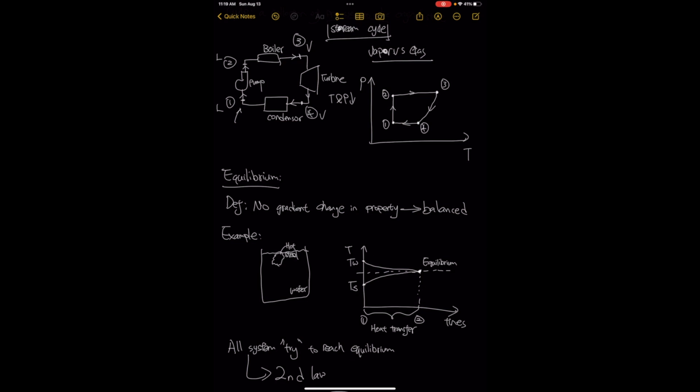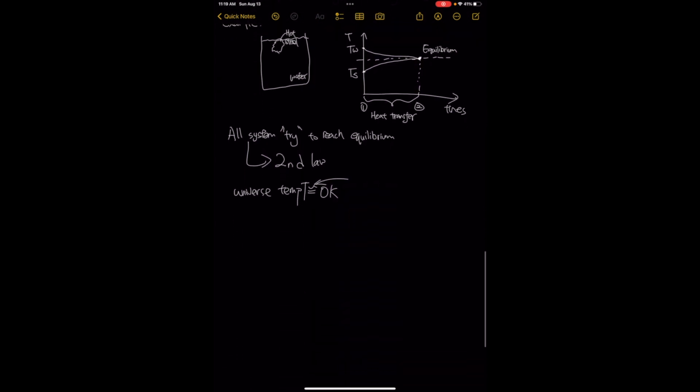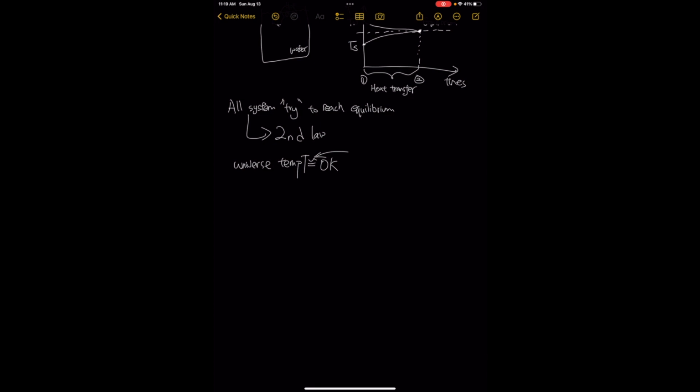Then eventually it will come back. You will see the process will naturally come back to equilibrium, maybe room temperature, room pressure for the liquid. With that being said, the last concept related to equilibrium is called quasi-equilibrium.